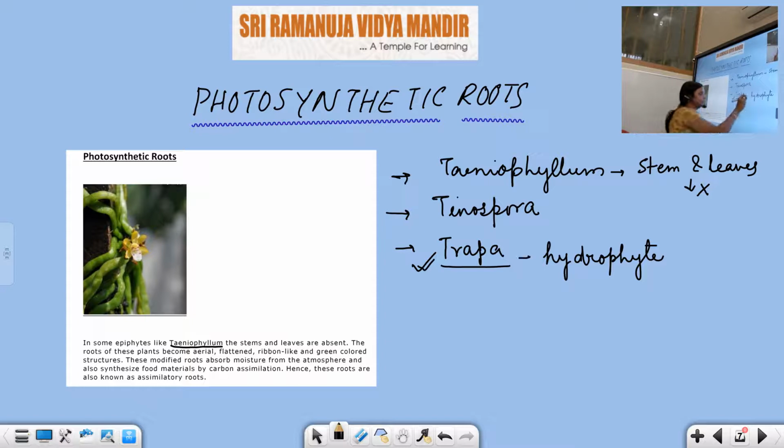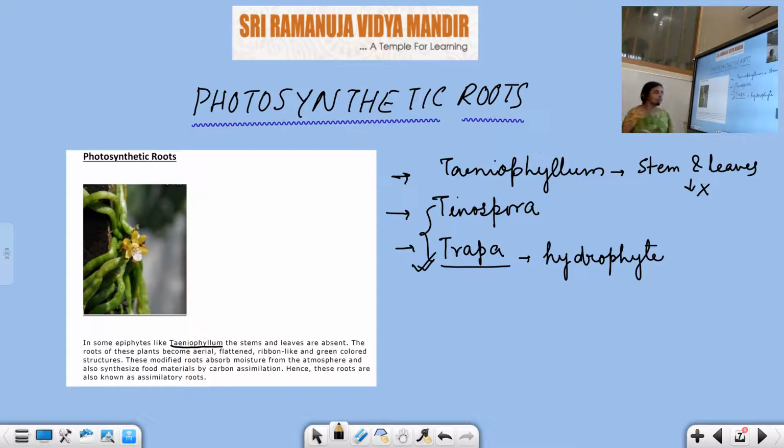In Tinospora and Trapa, stem and leaves are present, but additionally the root is performing photosynthesis.